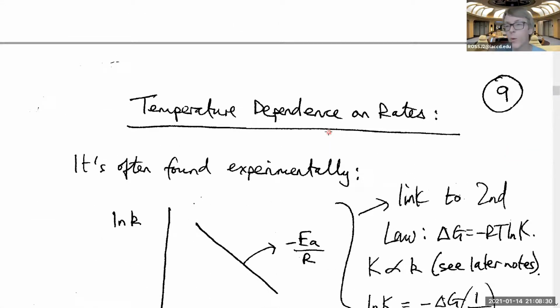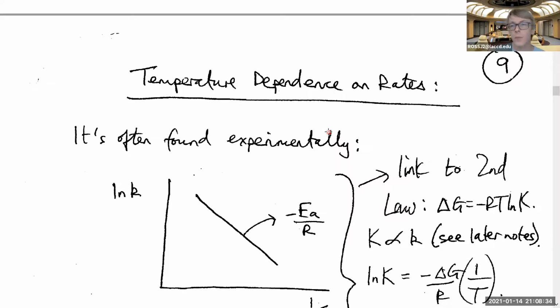We'll say more about what that constant A was in a second when we look in a bit more detail at the Arrhenius equation. Okay, so we've got temperature. We're talking about the effect of temperature on rate, or the consequences of change in temperature on reaction rate.